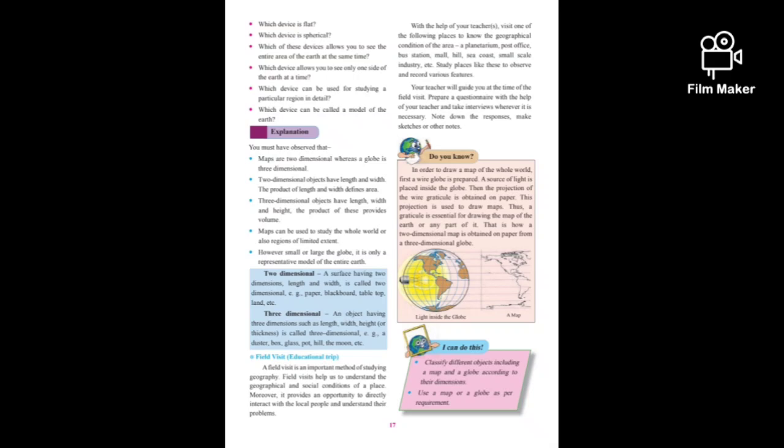A globe is spherical. Third, which of these devices allows you to see the entire area of the earth at the same time? So a map allows you to see the entire area of the earth.